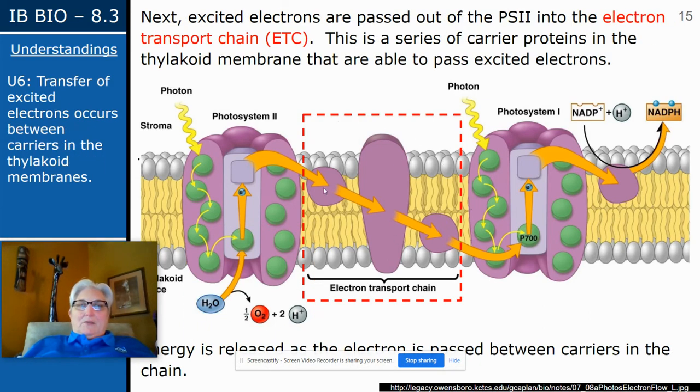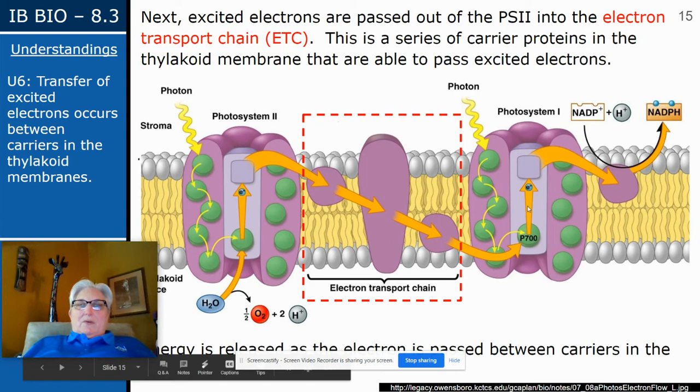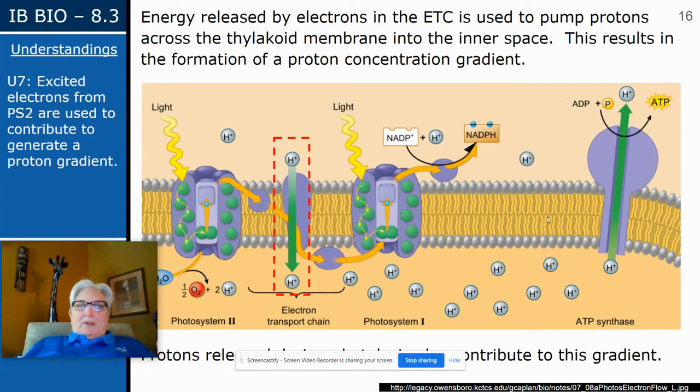That's what you see right here in this square. And then those electrons keep moving. They're going to move into photosystem 1, which is over here. So here's our electron transport chain, and it moves those electrons into photosystem 1.